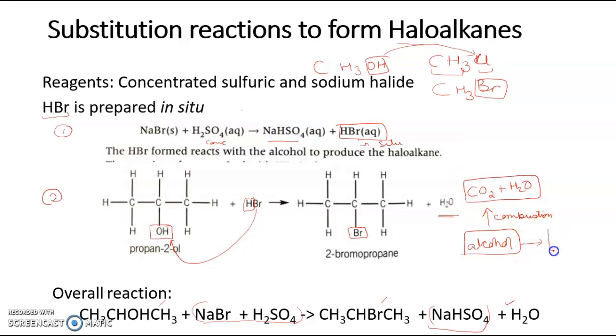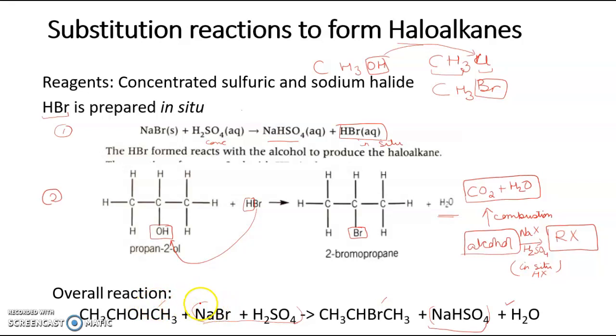The second conversion we've just looked into is converting an alcohol into a haloalkane, and that is with a reaction with HBr. But remember, HBr is not taken originally, it's produced in situ. So, in situ production of HX. Those are the conversions that we've looked into so far.